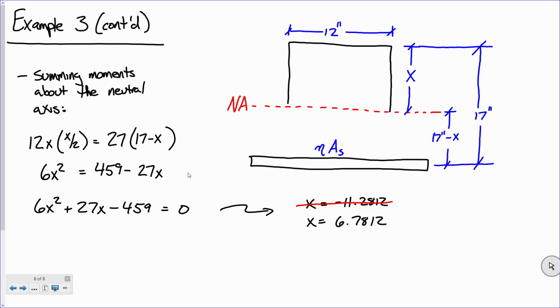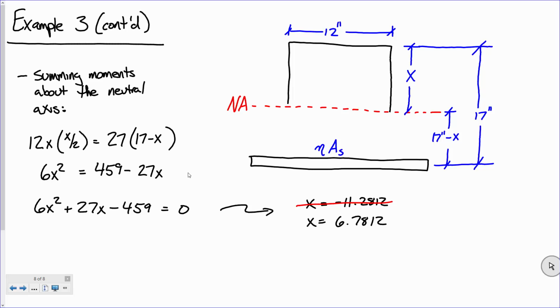Below, I have this lump of concrete, n times the area of steel, multiplied by the moment arm, 17 minus x. Keeping everything in consistent units with inches, I'm left with this quadratic equation. I've got to believe you've been able to solve quadratic equations for a long time now. I don't care if you use your Casio quadratic formula, it doesn't matter.